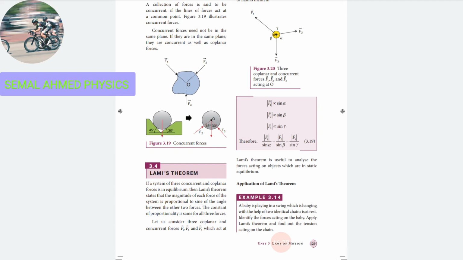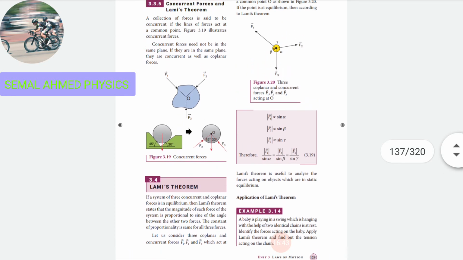So F1 is proportional to sine alpha. Look at the diagram: the angle between F3 and F2 is alpha, the angle between F3 and F1 is beta, and the angle between F1 and F2 is gamma.